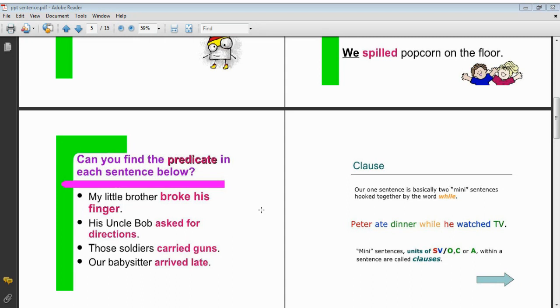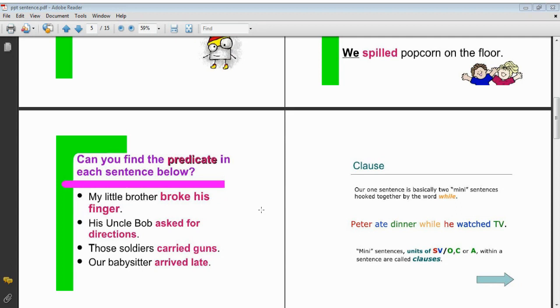Our babysitter arrived late. Our babysitter is the subject, and the later part of the sentence, right after the subject, "arrived late", is the predicate. So I think your concept of the subject and the predicate is quite clear from here, because in your exam, either the predicate can be underlined and you have to identify, or the subject can be underlined and you have to identify which is the subject and which is the predicate.